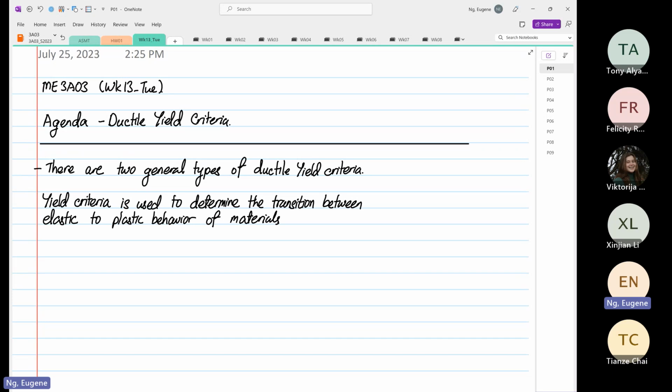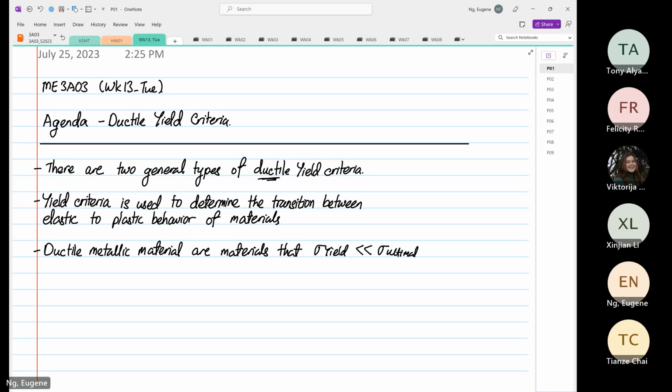So the next thing is, what do we mean by ductile? Ductile material, or in our case, metallic material, are materials where the stress yield is so much less than the ultimate strength.